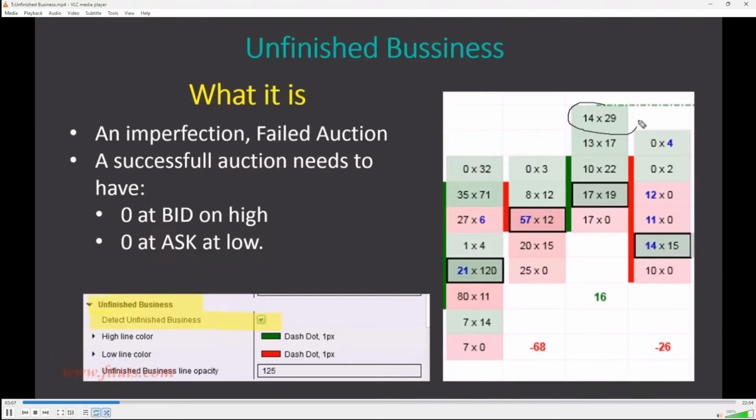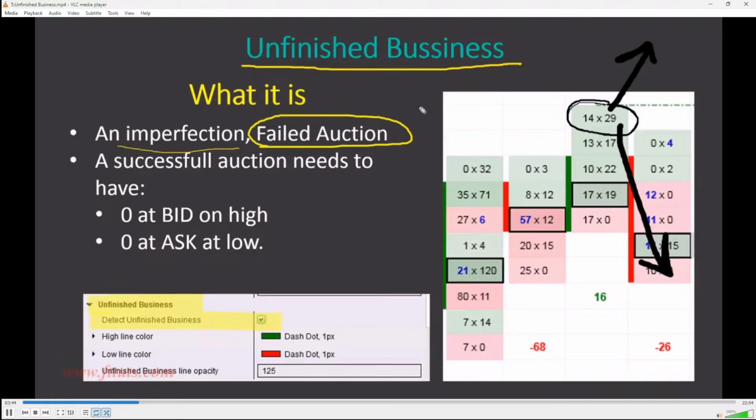And this is exactly the same scenario. Only difference is that the market is a never-ending auction. It goes up and down all the time. If you're buying a house, the auction just stops when there is a last buyer and this one gets the house. But this is a weird scenario because the buyers wanted to buy for higher prices, but the price turned and went downwards. So this is why it is an imperfection and why it is called unfinished business or failed auction.